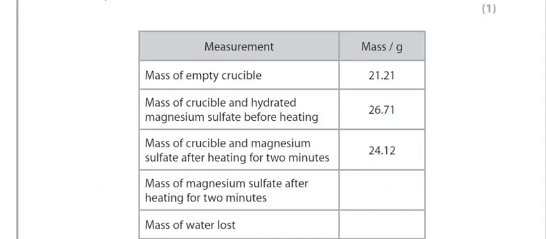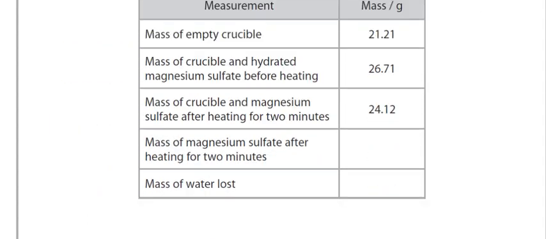The results are given: the mass of the empty crucible, and the hydrated salt before heating and after heating for 2 minutes. You can see the mass is decreasing. So the mass of magnesium sulfate after heating and the mass of water can be easily found.